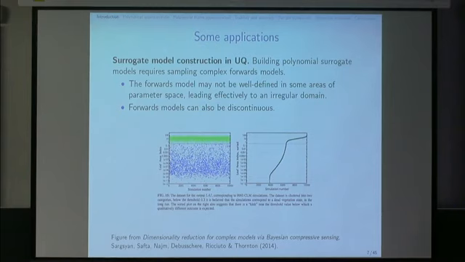Okay, and then there's the issue as well. Forward model might be discontinuous. Again, if you have discontinuities, then effectively you're separating your function into two or more smooth regions. Okay, which will generally be irregular. So that's the first application.